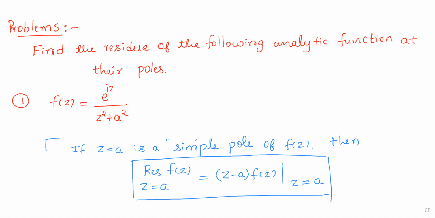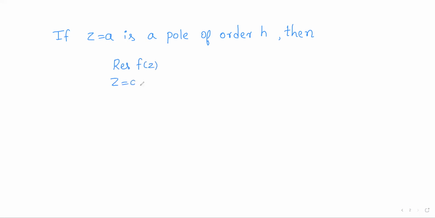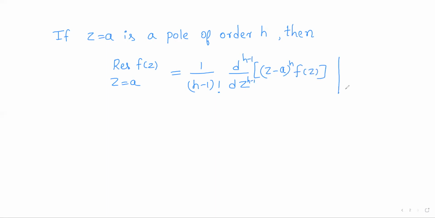That is, a simple pole means a pole of order 1. Whereas if z is equal to a is a pole of order h, then the residue of f of z at z is equal to a is 1 by h minus 1 factorial into the differentiation of z minus a whole to the power h into f of z, h minus 1 times, at z is equal to a.